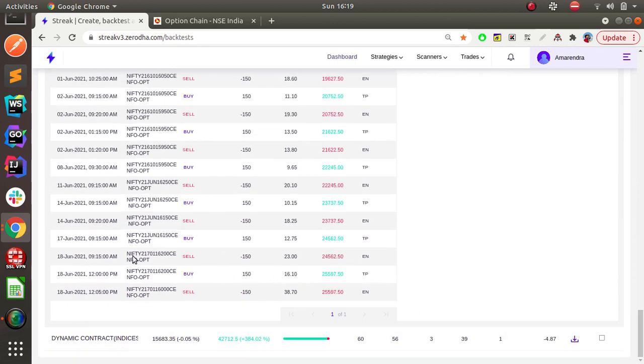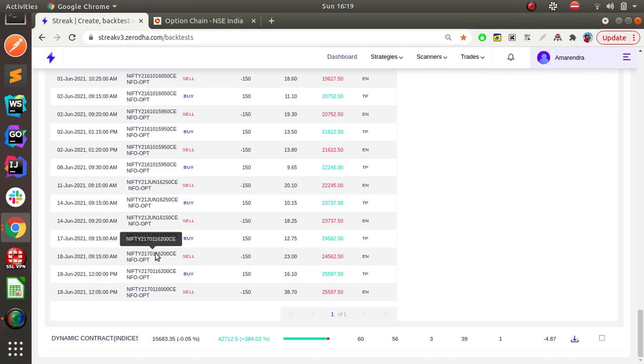Okay, if you see what it did, for example, on 18th at 9:15 it entered 16,200 CE. And then at 12 o'clock this 23 becomes 16 rupees, so it exited with the target price. And then at 12:05 again it entered from the current offset, which is 16,000.